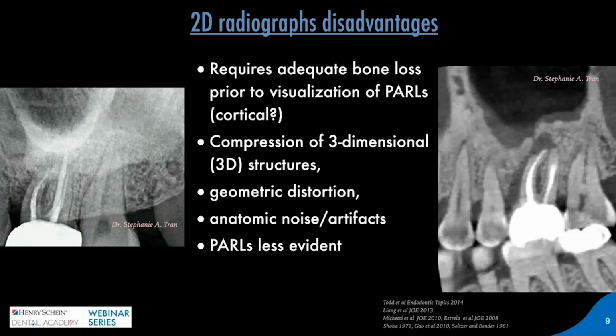Additionally, 2D radiographs have other disadvantages because there's some compression of the structures. It will also look either elongated or foreshortened, so there's going to be a lot of distortion. There can be certain artifacts or noise, especially when different anatomical structures overlap. All of this makes it a little more difficult to see a radiolucency.